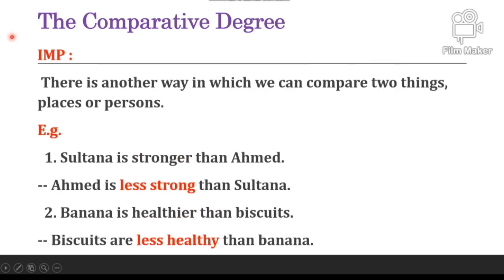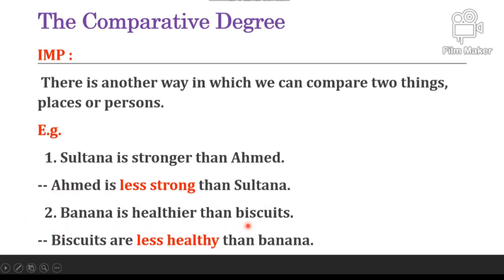An important thing to know about the comparative degree is there is another way in which we can compare two things, places, or persons. For example, the one way we saw: Sultana is stronger than Ahmad. This can be put in other words without changing the meaning like this: Ahmad is less strong than Sultana.